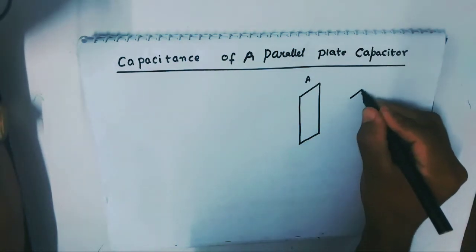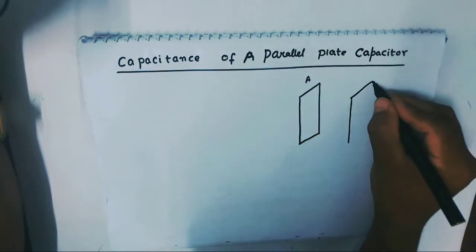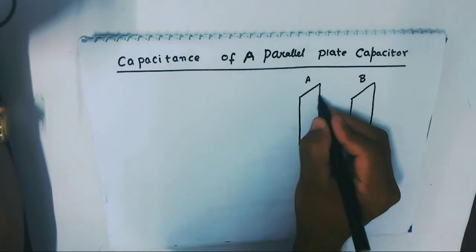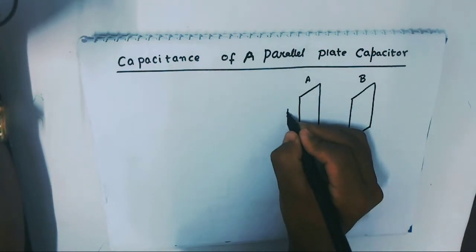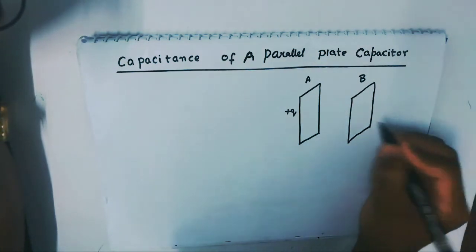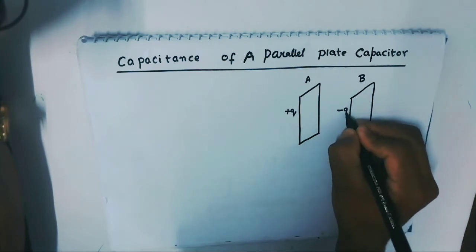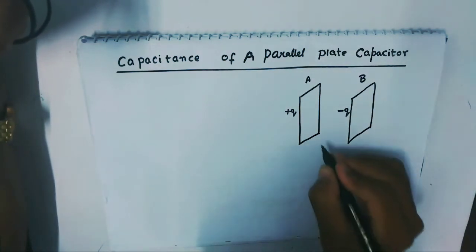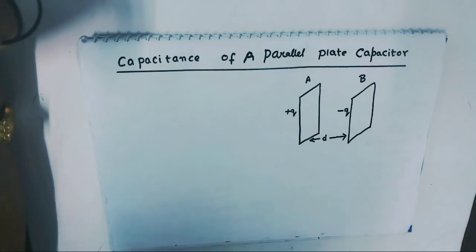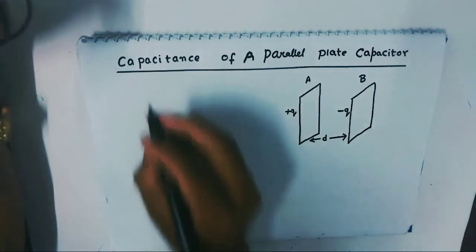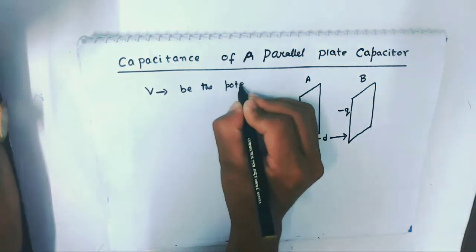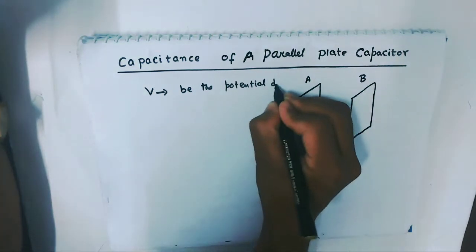This one is A, this one is B. Say the charge in plate A is plus Q, and the charge in plate B, say, is minus Q. Let D be the distance between the two plates, and V be the potential difference.